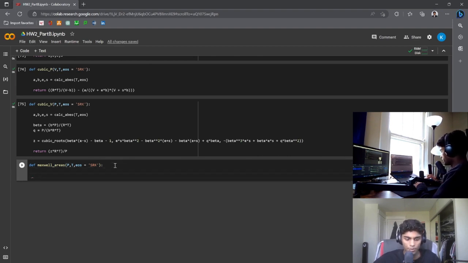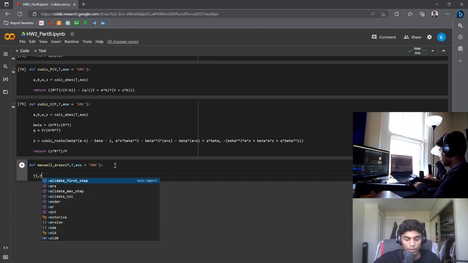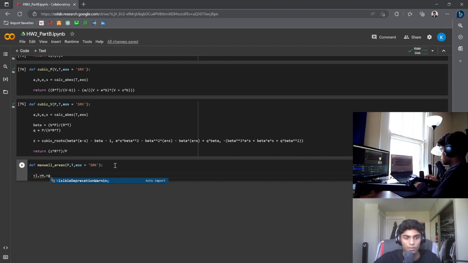So first things first, we want to go ahead and get our volume of the liquid, volume in the intermediate, and volume in the gas, which is going to be equal to the cubic volume, the roots that we're going to use. So it's going to be cubic V of P, T, and the EOS.